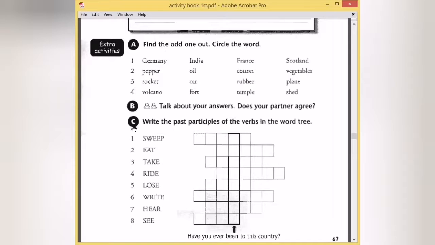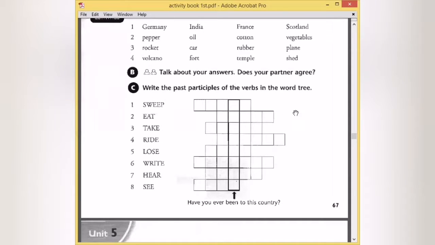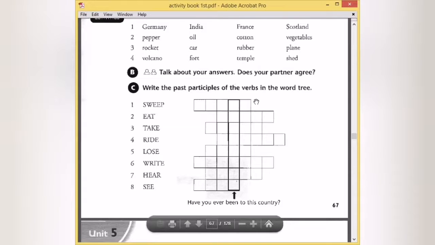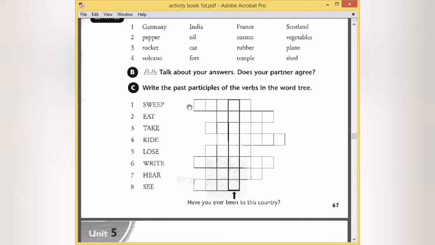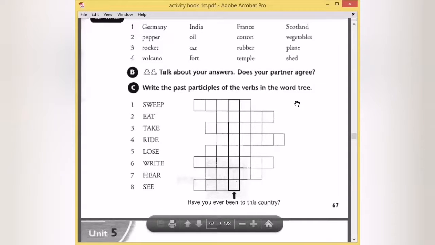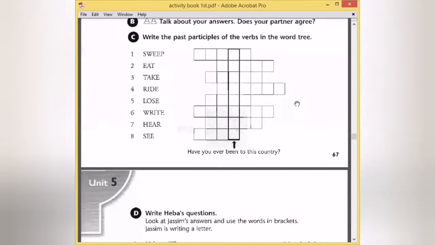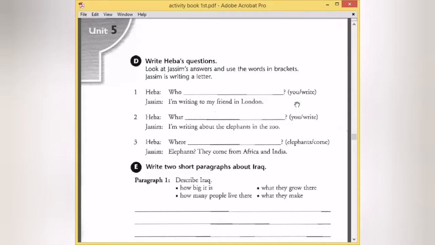We have exercise C. Here you have to write the past participle form of these verbs. You can do it, you know it, and when you do it, you will get a name of a country here. We'll do it again next time, because we don't have time now.